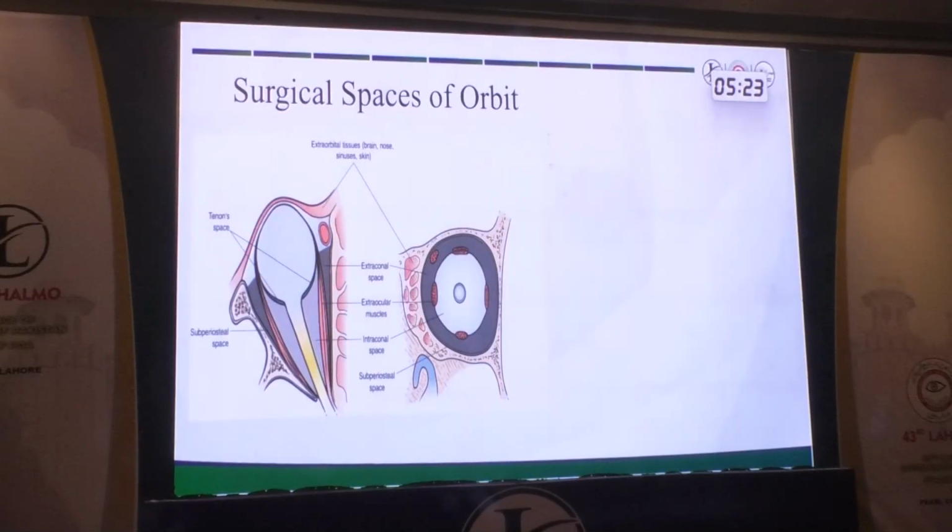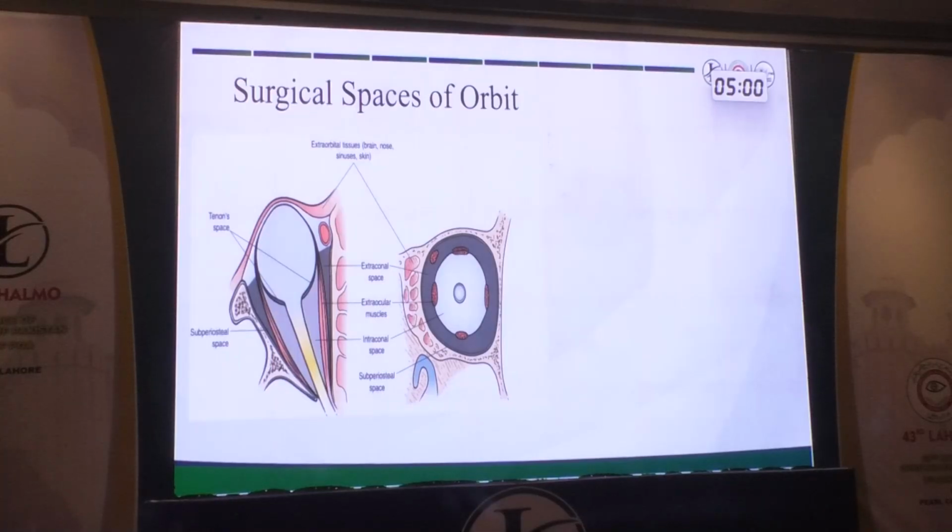These are the surgical spaces of the orbit. We have the intraconal space that is within the muscle cone. Then extraconal space that is outside the muscles and inside the periosteum. Then there is subperiosteal space that is between the periosteum and orbital wall.